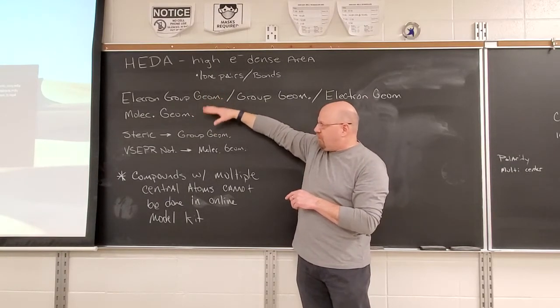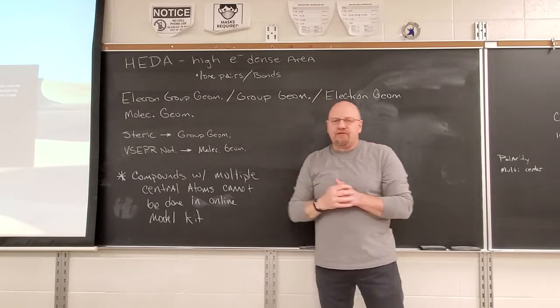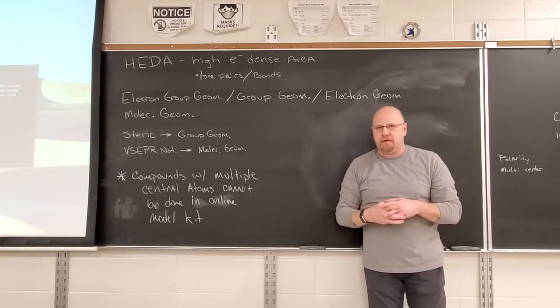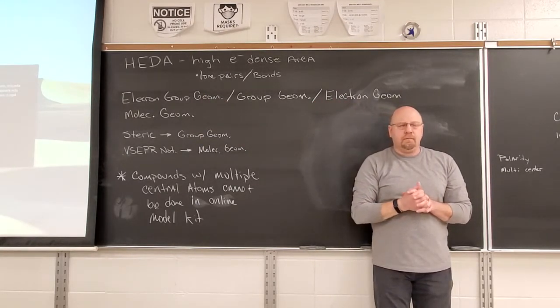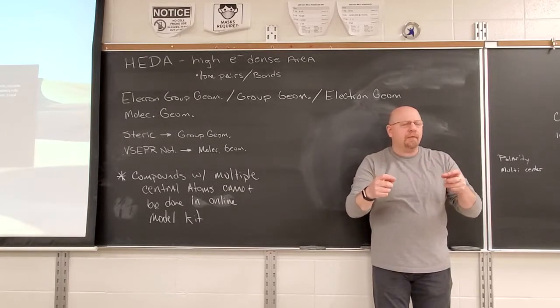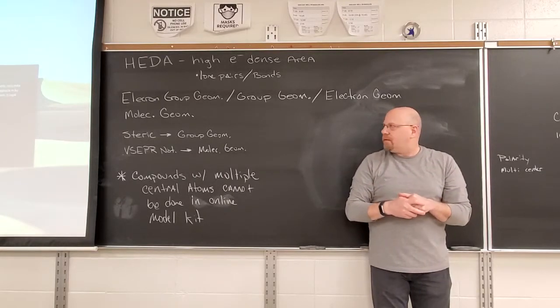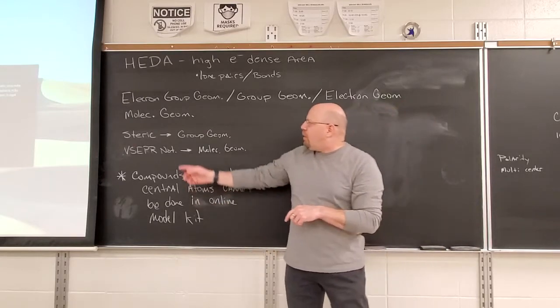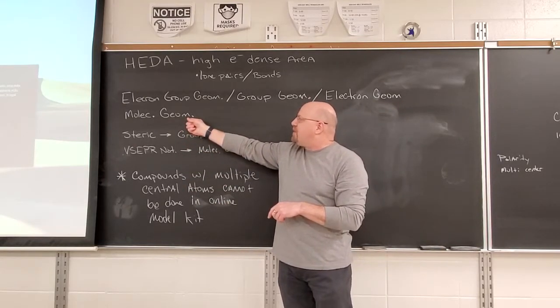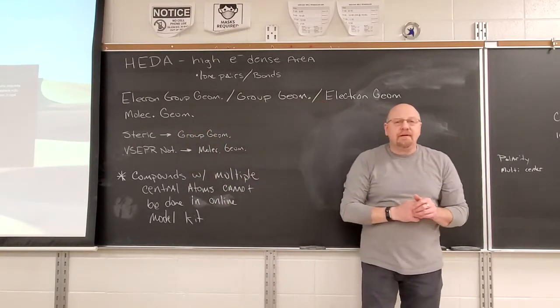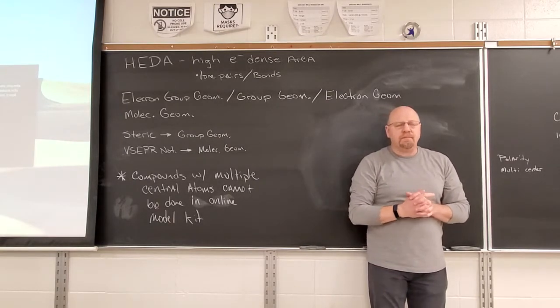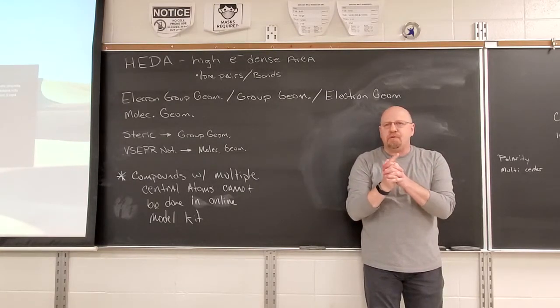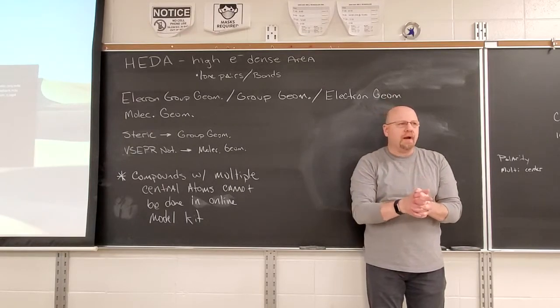The electron group geometries and molecular geometries are related to each other. What's different would be the name that we apply. So the name of the molecular geometry may be different than the electron group geometry because in the molecular geometry, we only include bonds, not lone pairs.